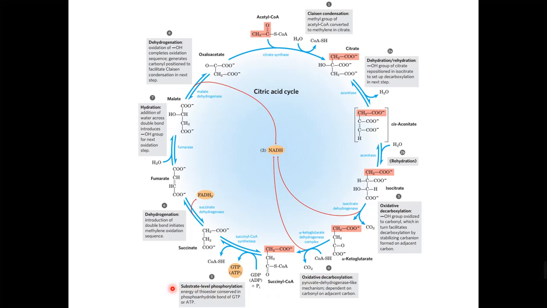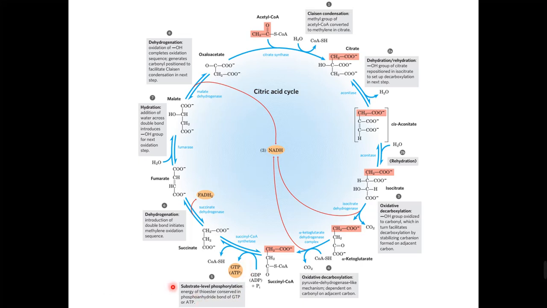So the energy from the liberation of coenzyme A is saved in the form of GTP. The inorganic phosphate moiety is attached to GDP and formed into GTP, this energy-rich molecule. So this one GTP is equal to one ATP, that is why it is given as either GTP or ATP.